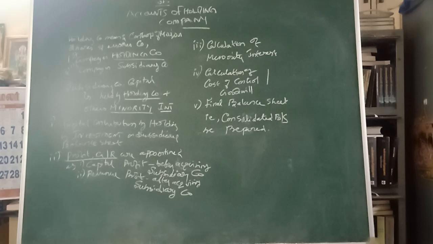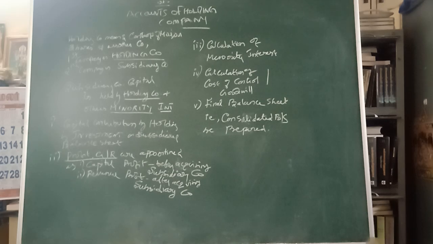The first company, which is controlling the activities and the management, is called the holding company. A company is called a holding company when it controls 51% of the shares, that is, the voting rights in the general body meeting.